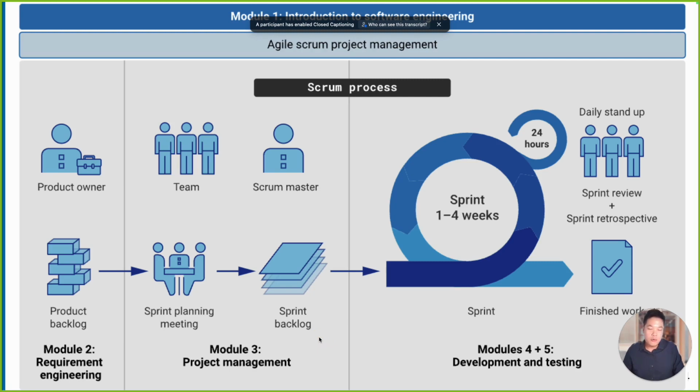To achieve these unit learning outcomes, we design the unit to follow Agile Scrum project management. We split the learning content into 5 modules. The first is the introduction to software engineering, in the first week, and then we talk about different types of software development processes, and we want to make sure that students adopt Agile Scrum project management. We will give the lecture content following the process, starting from requirement engineering, project management, development, and testing.